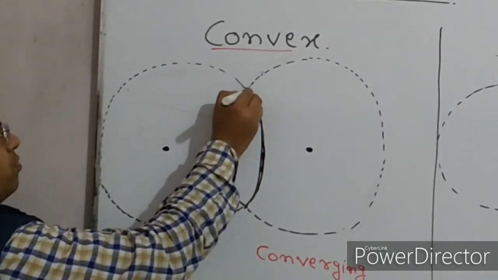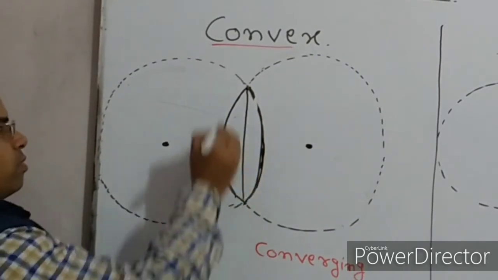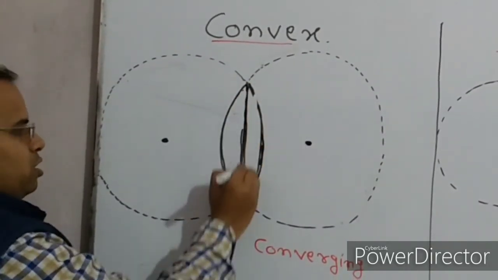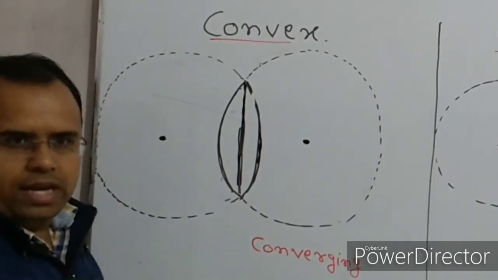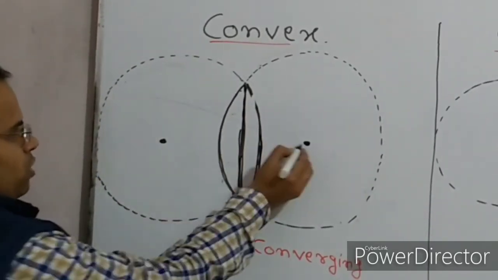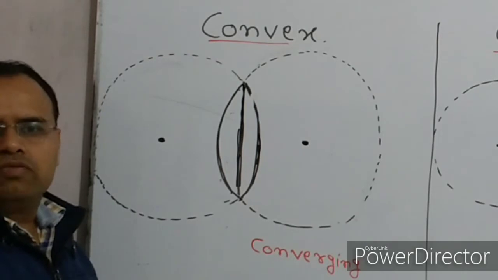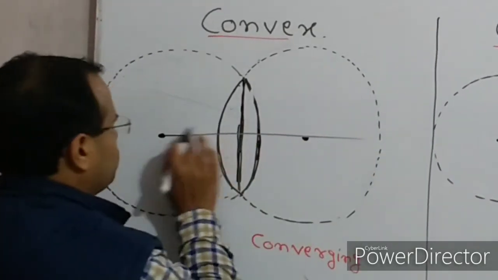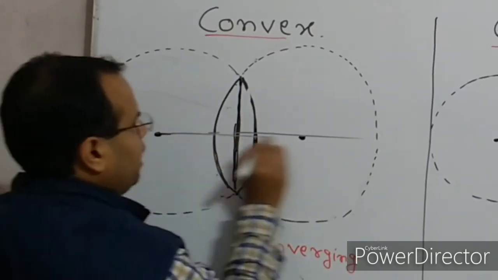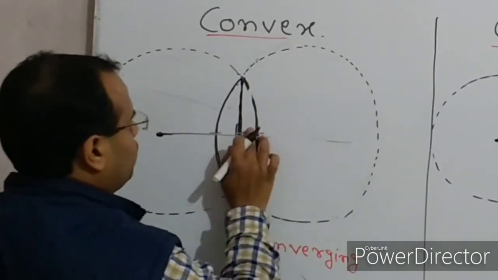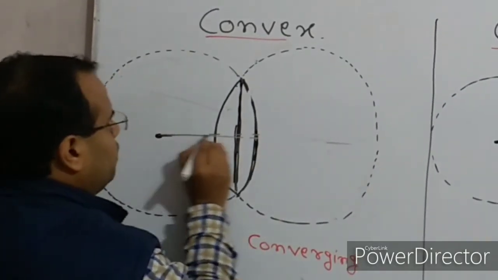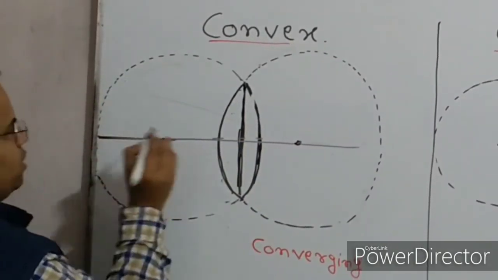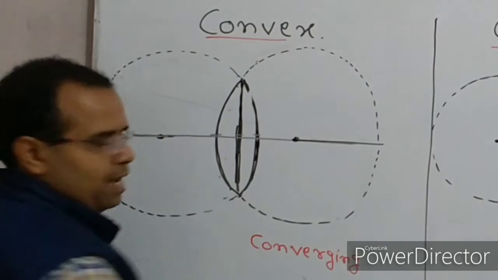This particular line is called the aperture or the diameter of the lens. As I told you, there are two centers of curvature. If you join these two centers of curvature of the lens, the line joining them is called the principal axis.